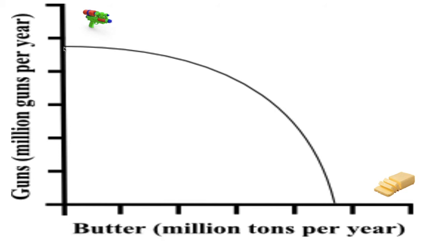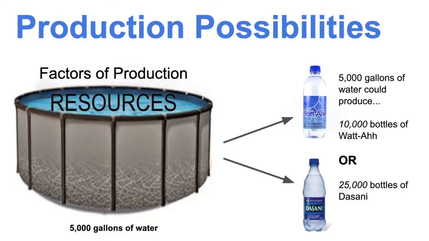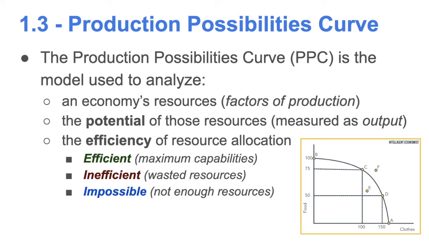On the other hand, if we put all of our resources into butter production, we're going to be all the way over on the other side of this curve, way down here. Now, there are various combinations of these resources, right? We could produce this much Wada or this much Dasani, but there are different combinations of each of these resources as well. We don't just have to choose one or the other.